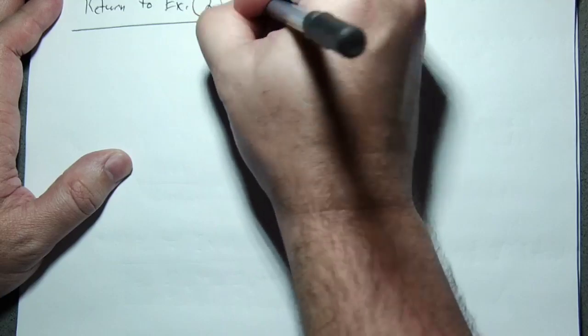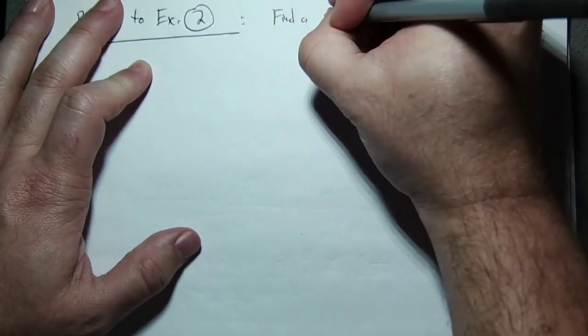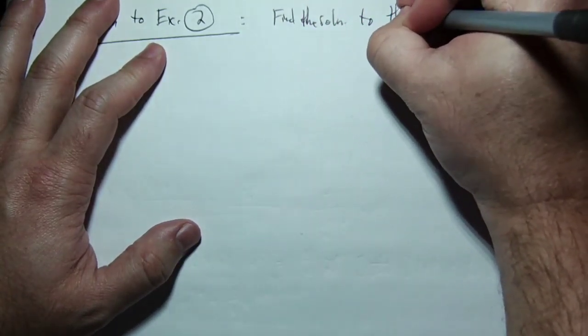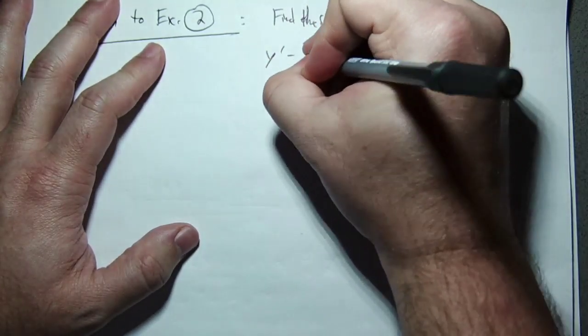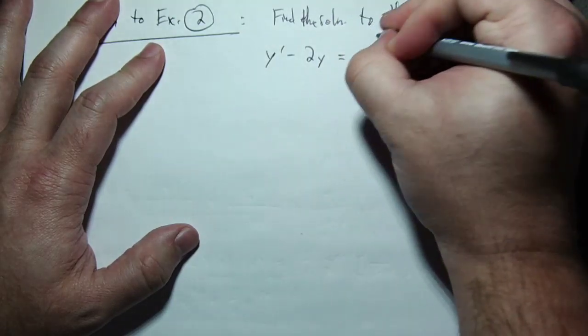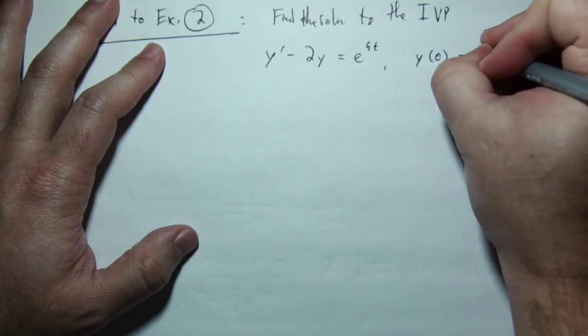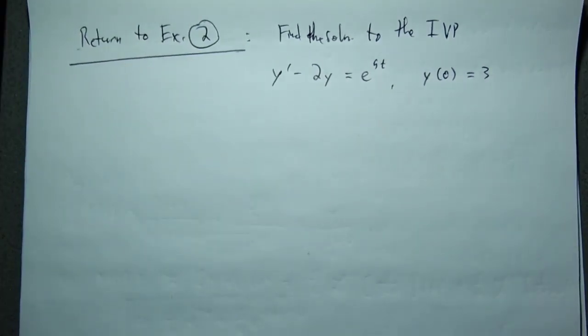Okay, so return to example 2. Find the solution to the IVP that was y prime minus 2y is e to the 5t, with y of 0 equal to 3.